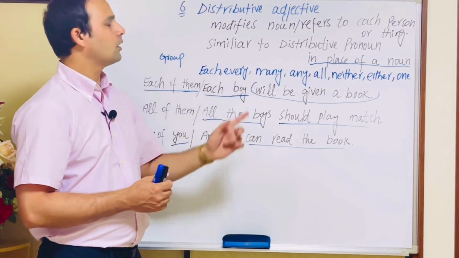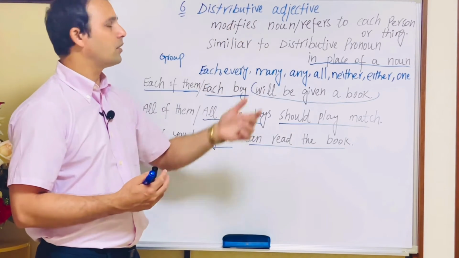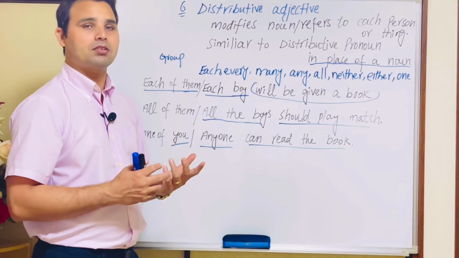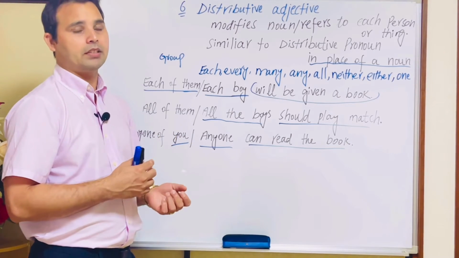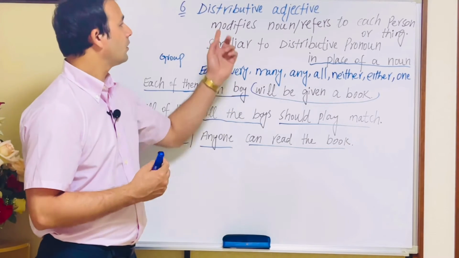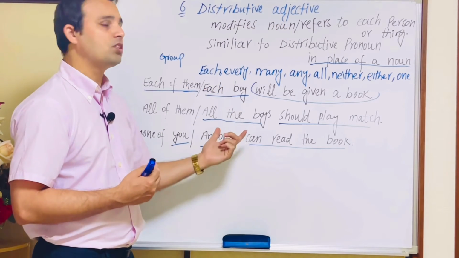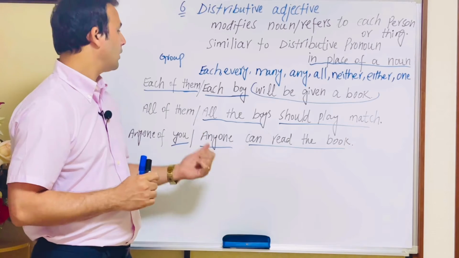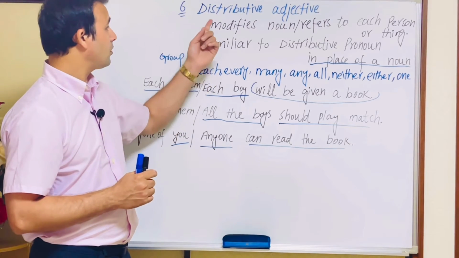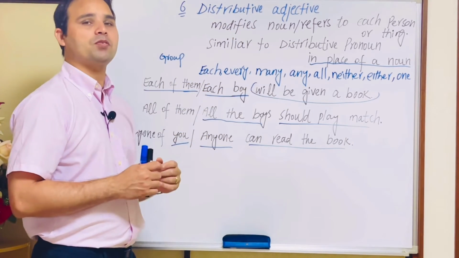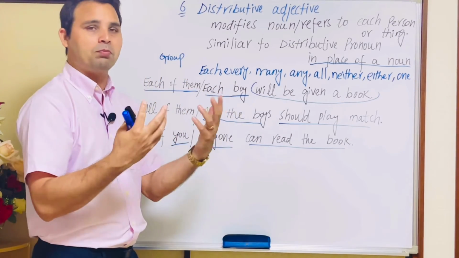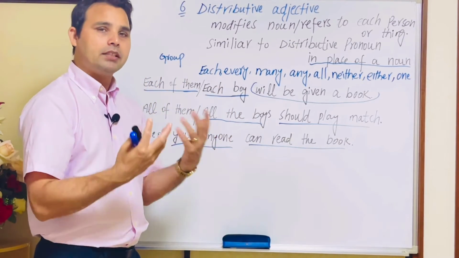So these are some of the distributive adjectives and pronouns. Here you could see the examples of how we can use them. So finally you must remember that a distributive adjective will be used for an individual person, for only one person, but distributive pronouns will be used for one person out of many people, or a group, or many things.